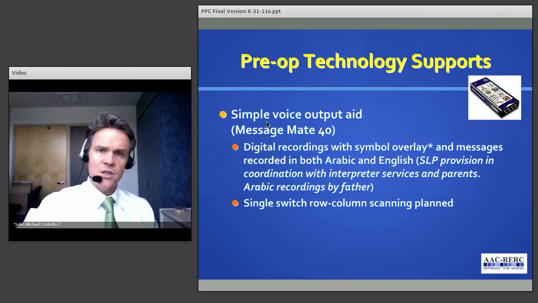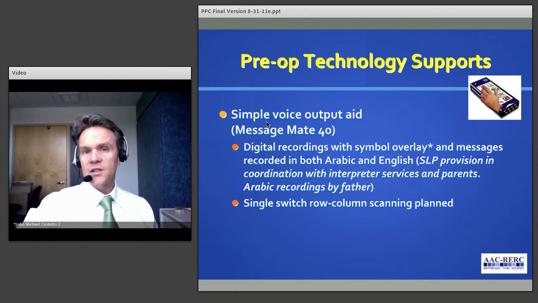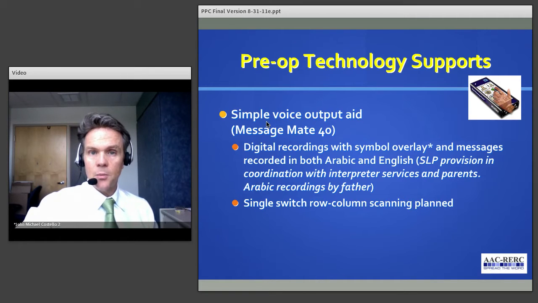We recorded the messages preoperatively with the interpreter service, as well as in this case with the child's father. Often we try to support patients to record their own voices so that they can have their voice available postoperatively. And in this case, the father was elected as proxy.